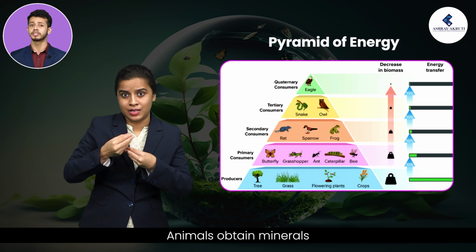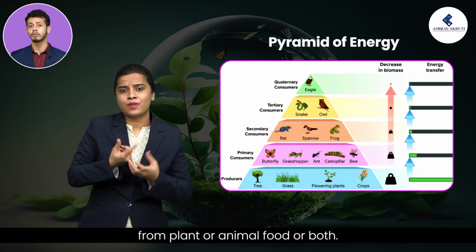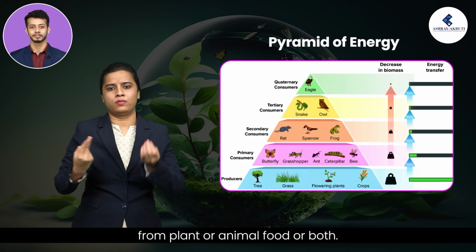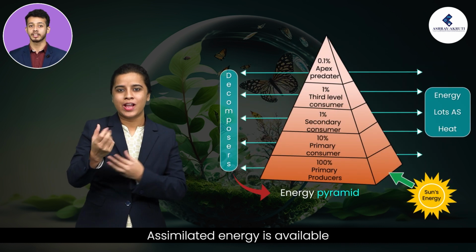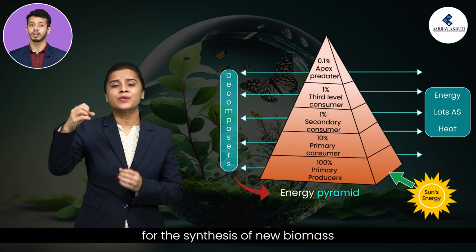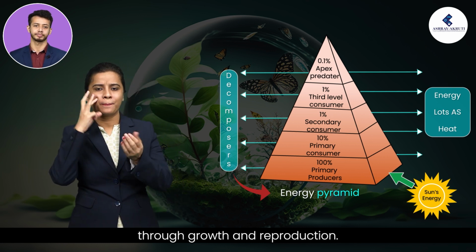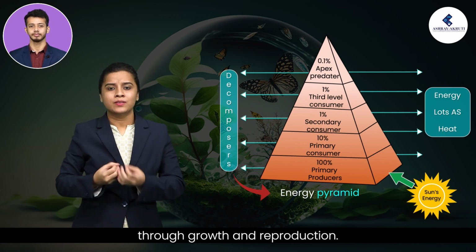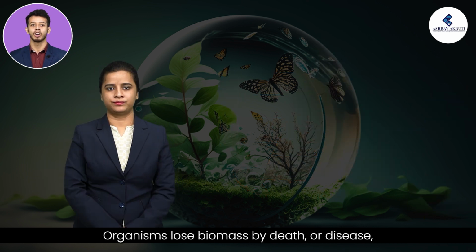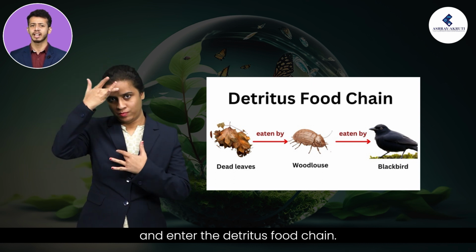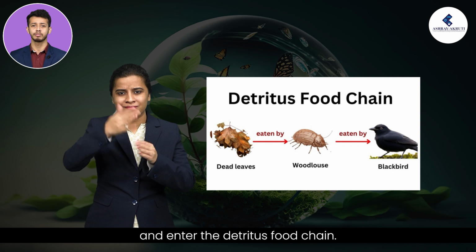Animals obtain minerals from plant or animal food or both. Assimilated energy is available for the synthesis of new biomass through growth and reproduction. Organisms lose biomass by death or disease and enter the detritus food chain.